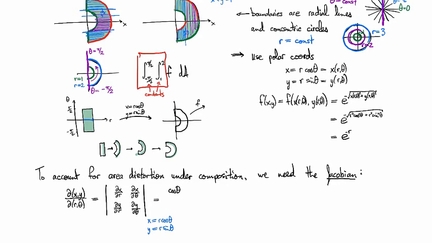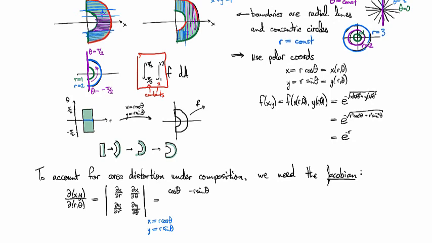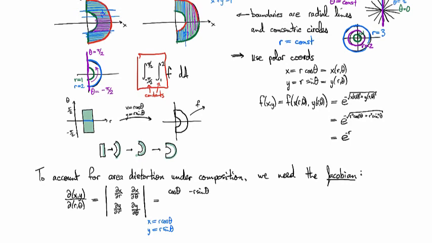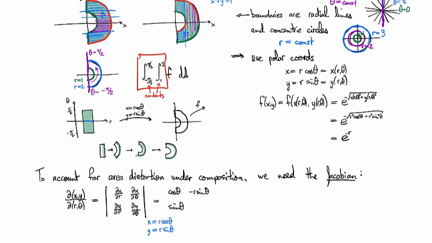Then partial of x with respect to theta gives us minus r sine theta. For y, the derivative of r sine theta with respect to r is sine theta, and the partial derivative of r sine theta with respect to theta is r cosine theta.